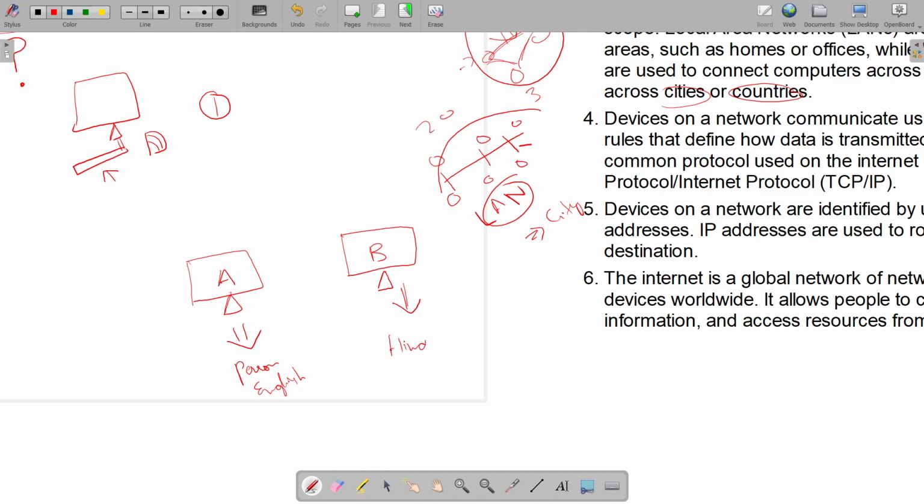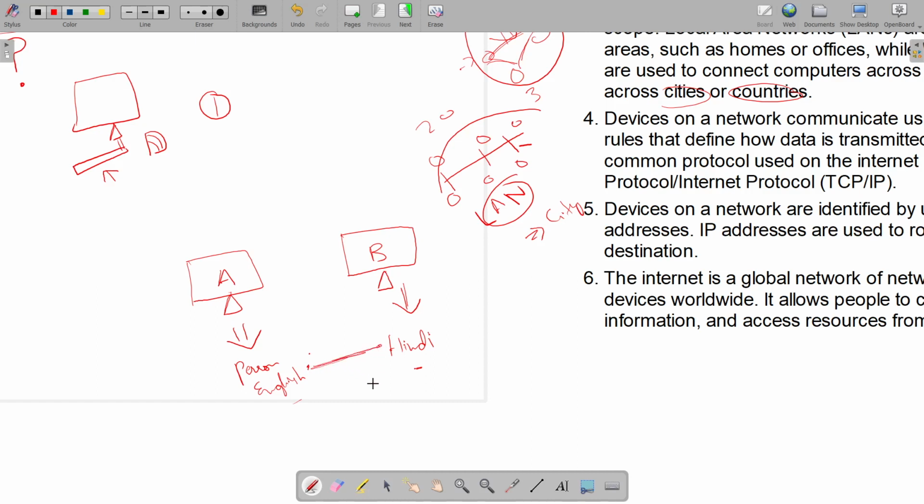Okay, B is a person who knows Hindi only. So how can they communicate? Okay, so there is a language barrier. He talks in English and he talks in Hindi, so they can't understand each other.